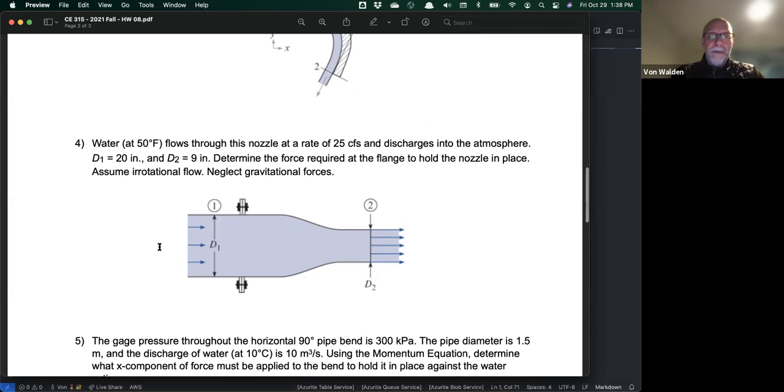That force will be directed from left to right, and it will be P1 times the area of this pipe, because there's pressure in this fluid and it's not at atmospheric. Out here at point 2, as this nozzle exits into the atmosphere, you won't have that pressure force. So you're only going to have an external force of P1A1 acting from left to right onto the control volume in this problem.